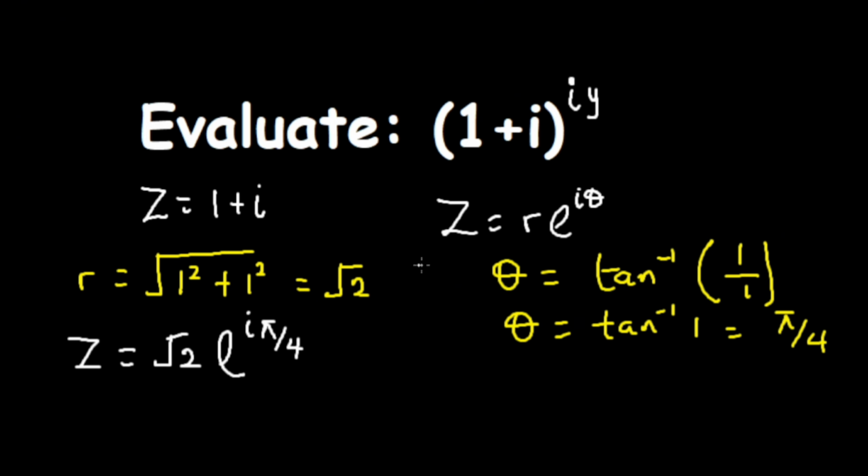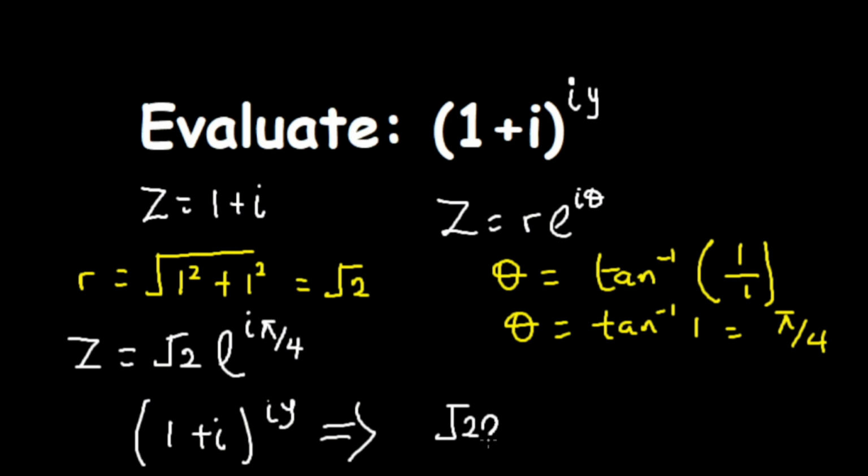So if I want to rewrite this whole question, 1 plus i to the power of iy would now be the same as writing root 2 e to the i pi over 4, to the power of iy. Are you following?